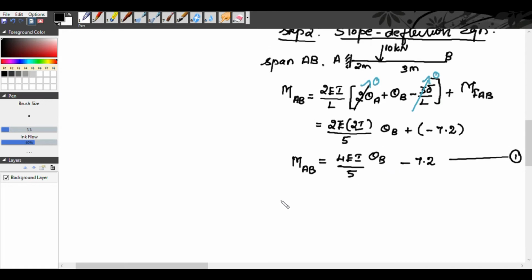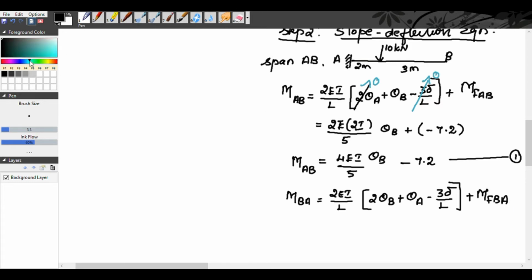Now, for the end joint B, that is MBA will be equal to 2EI by L into 2 theta B plus theta A minus 3 delta by L plus MFBA. So, here the term theta A is 0 because A is fixed.